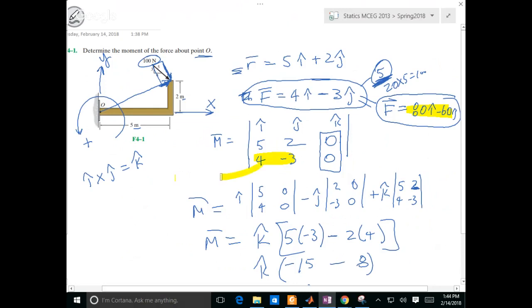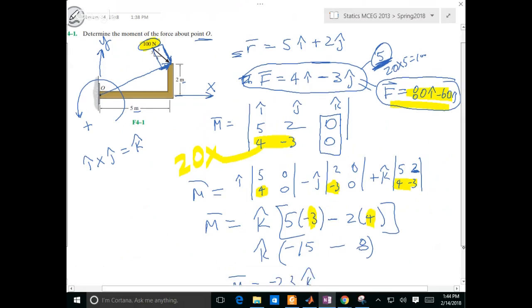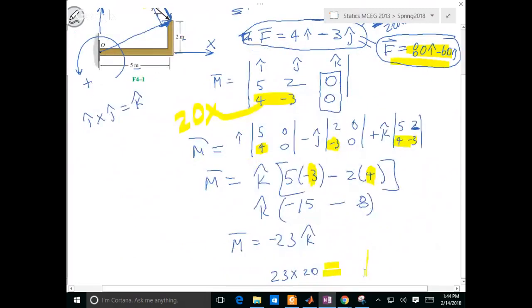You just take that, multiply it times 20, and you get this. But for some reason that just passed over my head, and I didn't pay any attention to it. So this number's wrong, that number's wrong, and those two are wrong, which doesn't matter. But this should be times 20. That should be times 20, which eventually ended up making this 460.